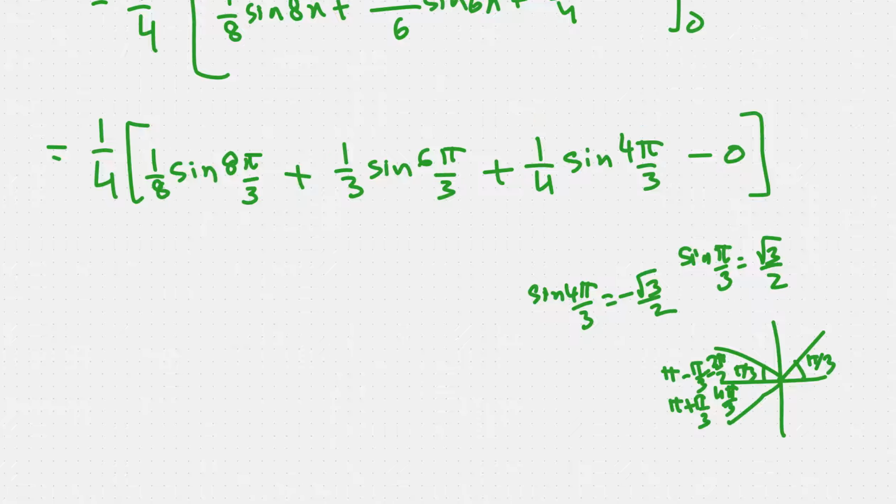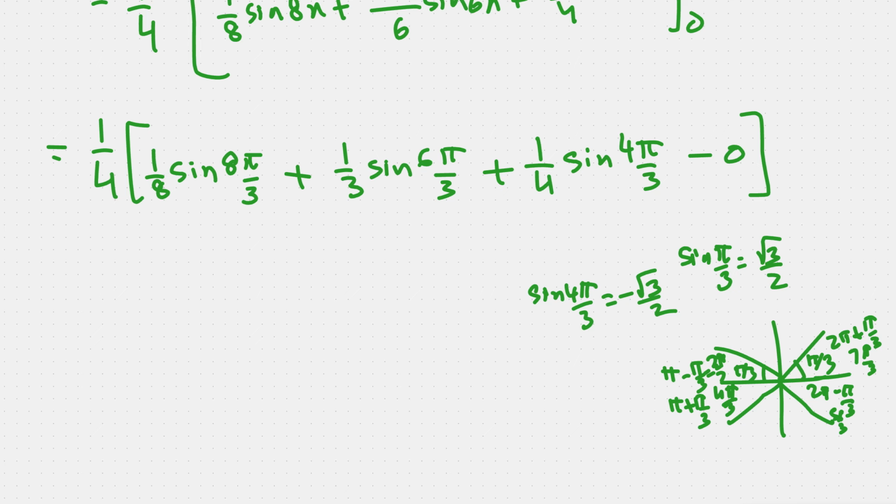Then if I look at the fourth quadrant, I would get 2 pi minus pi over 3, that is 6 pi minus pi over 3, 5 pi over 3. And then 2 pi plus pi over 3 is 7 pi over 3.